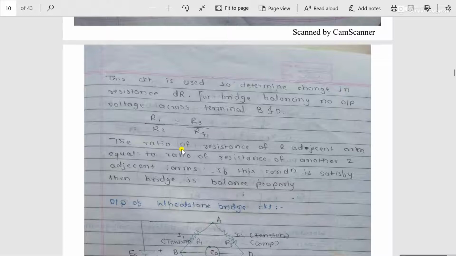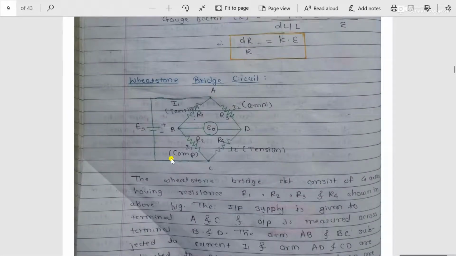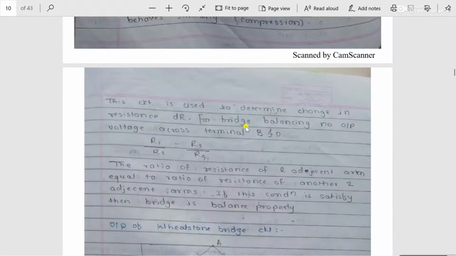Balanced means without application of load, there is no reading across the terminal B and D, meaning the display will show the 0 reading. So this is the basic construction and working principle of the Wheatstone bridge circuit, and how we have to use this circuit in strain gauge applications.